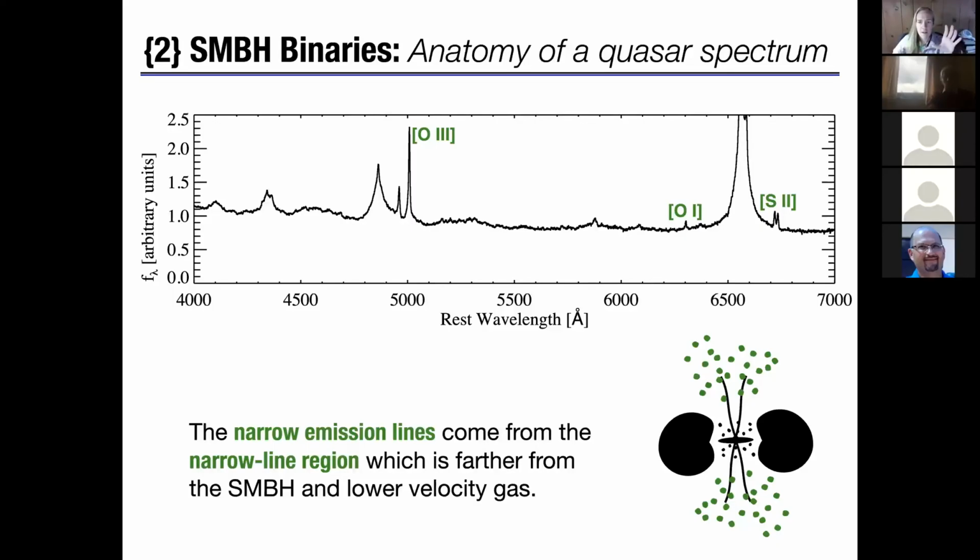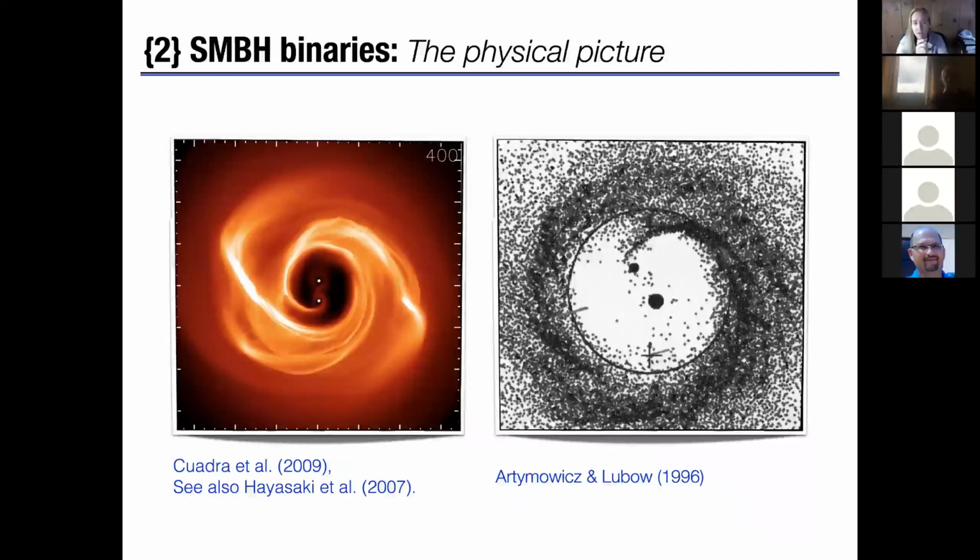So in a binary, this physical picture then changes a little bit. So this is what you should imagine. The one on the left is a simulation of a supermassive black hole binary in a disk. But actually, the physics is the same as the simulation on the right, which is a simulation of planets migrating through disks around young stars. And the idea in either case is essentially the same.